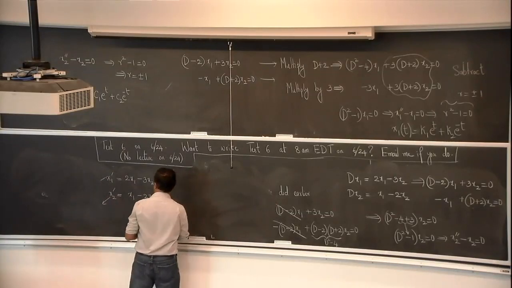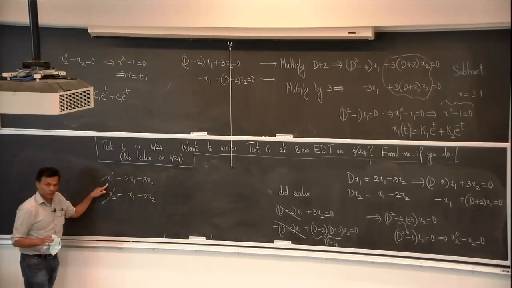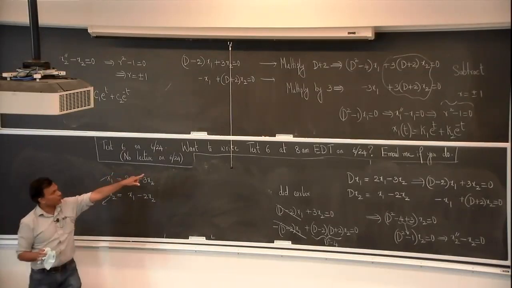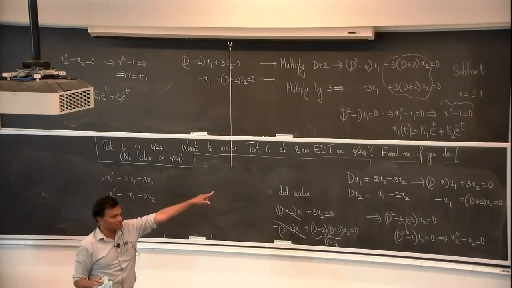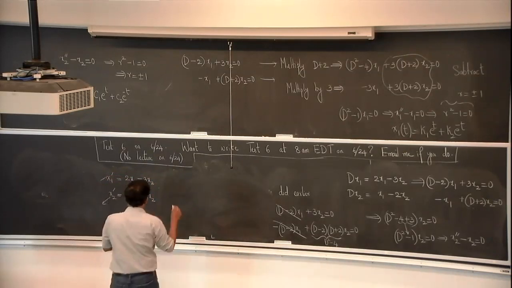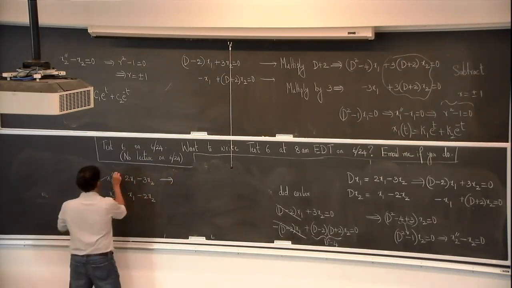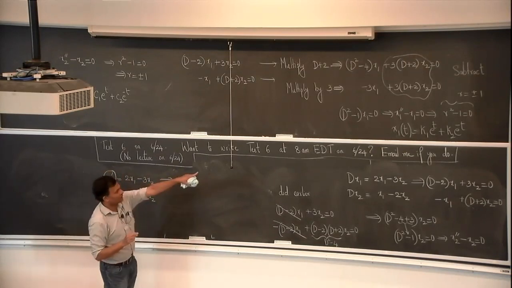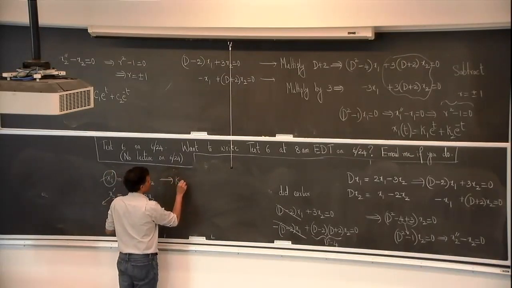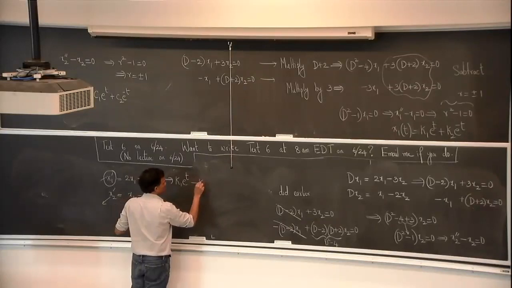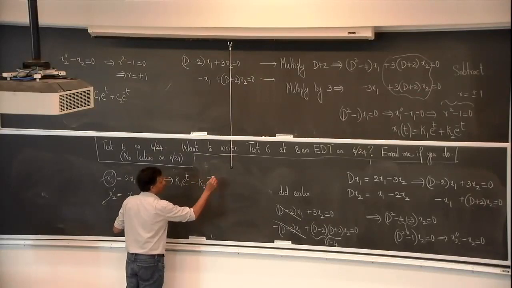So what I'll do is make use of one of our differential equations to do this. We have x1, which is k1 e to the t plus k2 e to the negative t. So x1 prime would be the derivative of that term, which is k1 e to the t minus k2 e to the power of negative t.